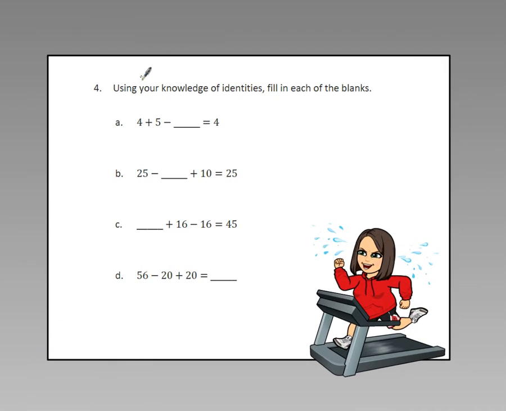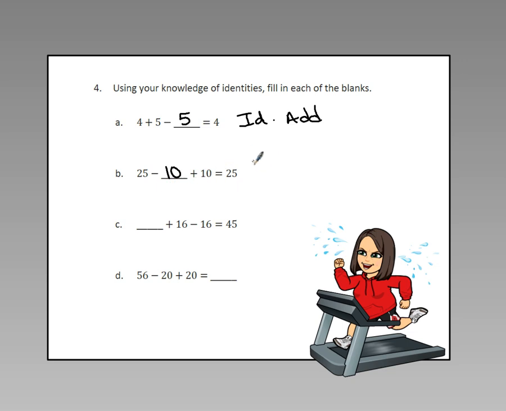So using the knowledge of what we know about it, if I have 4 and I add 5, then take away 5, I'll still have 4. That's the identity property of addition. This one, 25 minus something plus 10 is 25. Well, minus 10 plus 10.